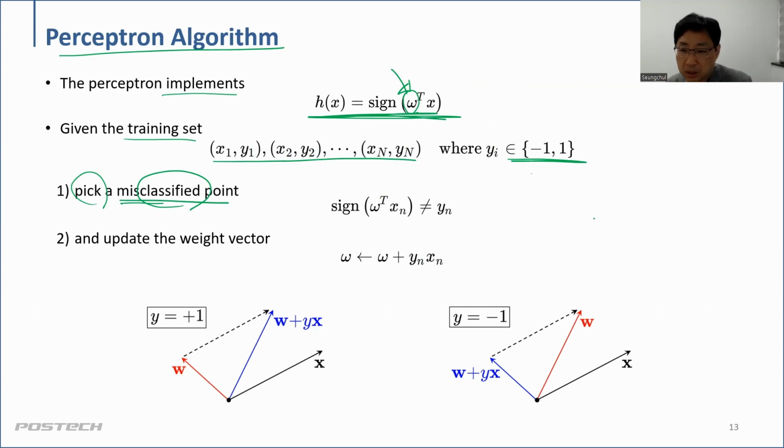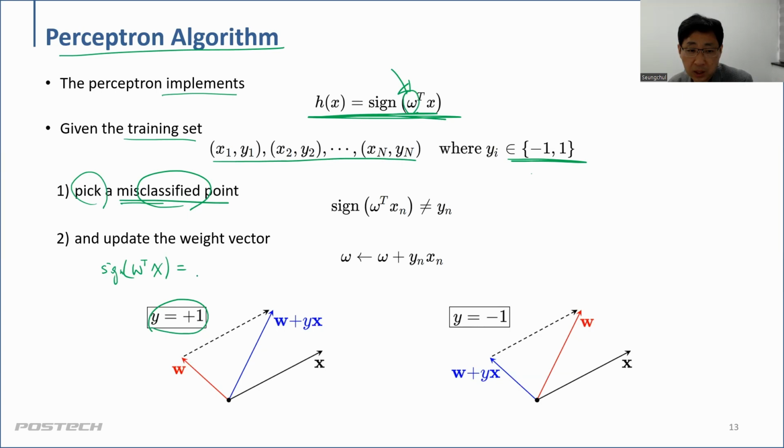Let me see. There are two cases of misclassification. Say, first, the true label is +1. Then, if this is a misclassified data point, that means for the corresponding x, we compute omega transpose x and take the sign.